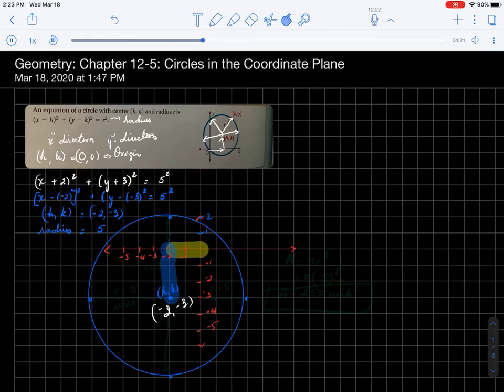Then I look at the radius and I say, hey, my radius is 5, meaning all the directions that I move for the radius need to be exactly 5 units apart.